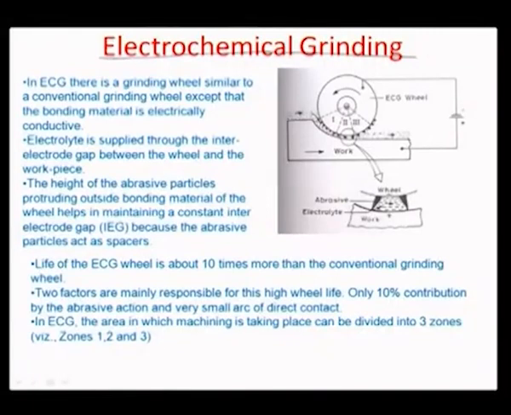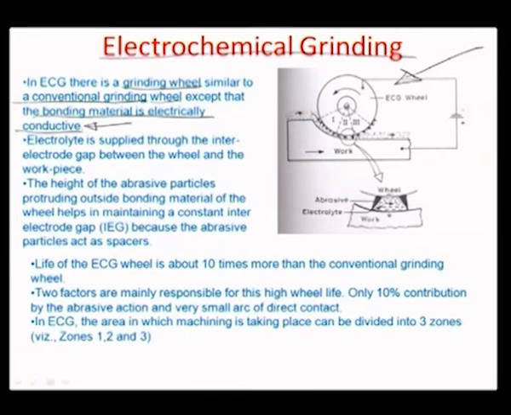So if we look at the basic process mechanics in an electrochemical grinding operation, it is represented in the schematic here. So you have a grinding wheel, which is almost similar to a conventional grinding system, and here, as I already illustrated, the bonding material is not any epoxy or any non-conducting system.